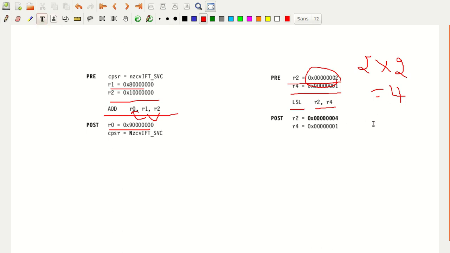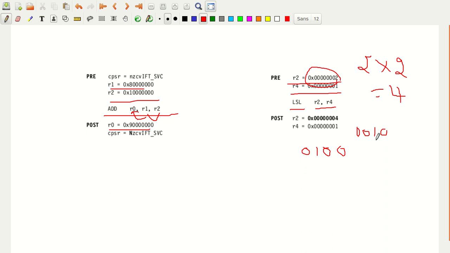So what do you get in R2 here? 2 is 0 0 1 0.